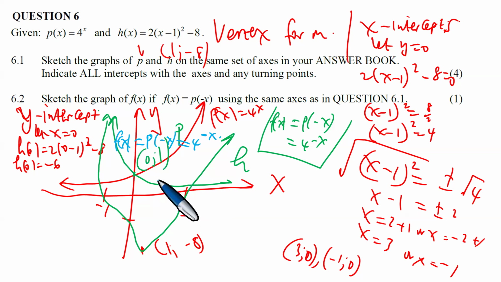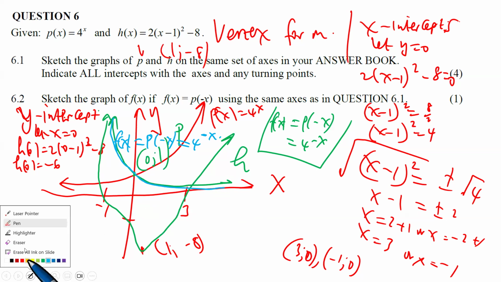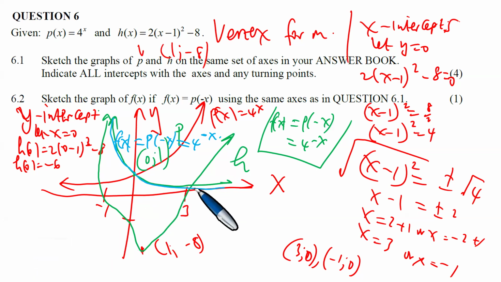So in the end, we have this graph here. It doesn't touch the horizontal axis, but it gets as close as possible to it without touching it. So these are the graphs we're going to have there. Next question.